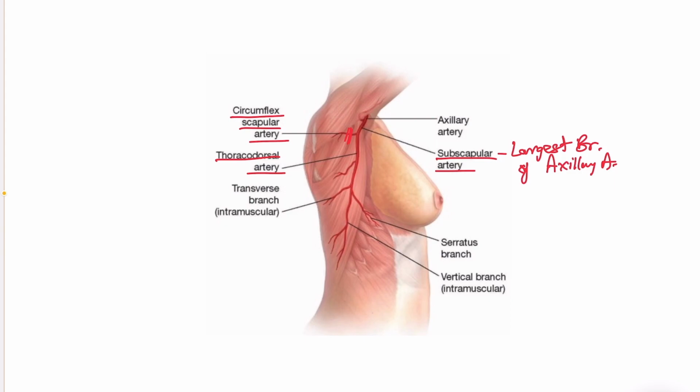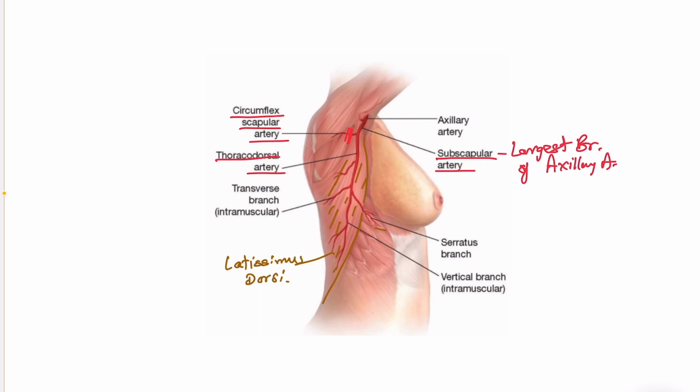It perforates this and reaches the dorsum of the scapula to participate in the anastomosis there. The course you can see, it's running down here under this muscle. This muscle you know is latissimus dorsi.